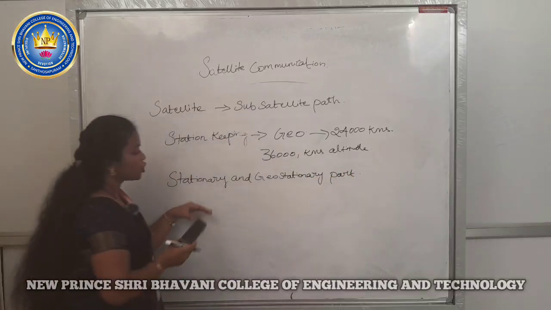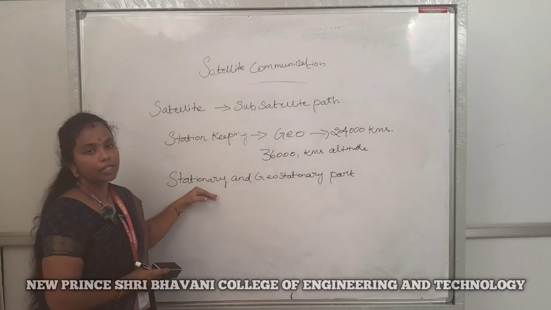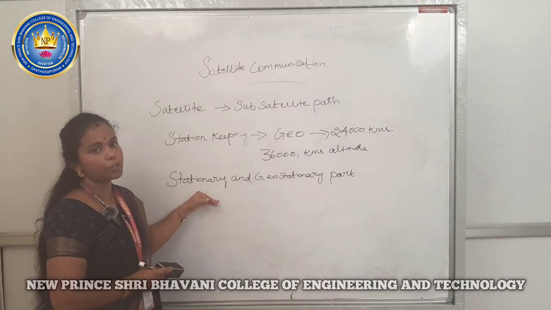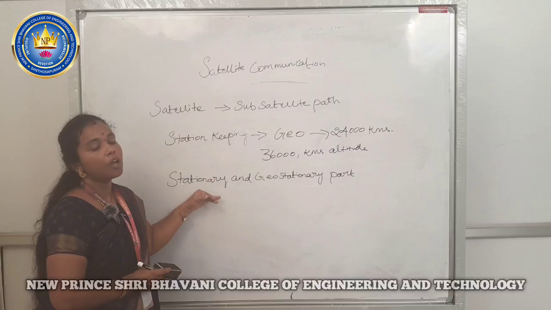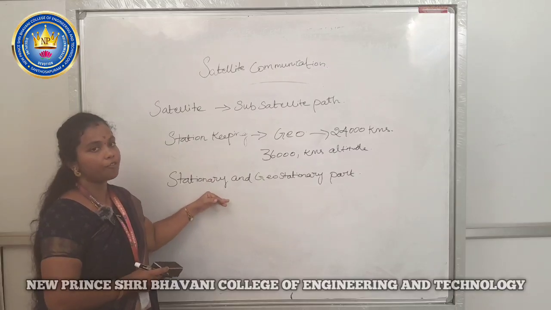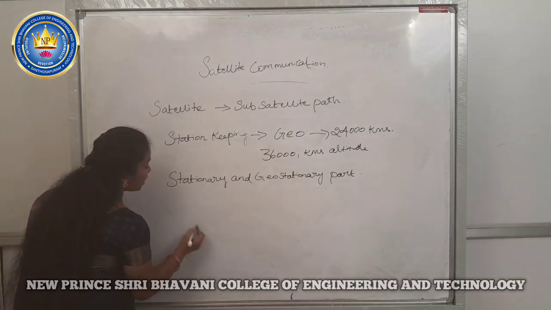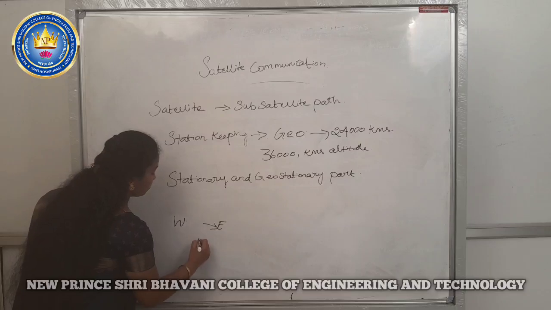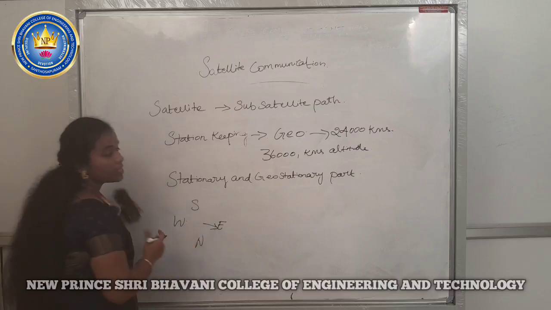What is stationary? The satellite should be placed in a station at the geostationary part with a rotational speed of 0 to 90 degrees from the direction of eastward from the north. The satellite rotates to the eastward from the north. And this is the direction.